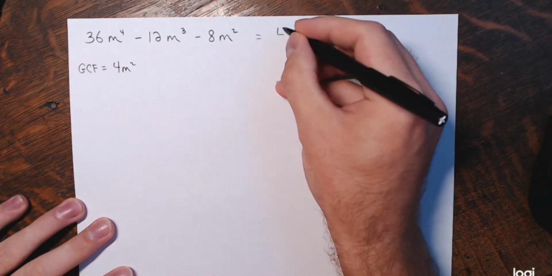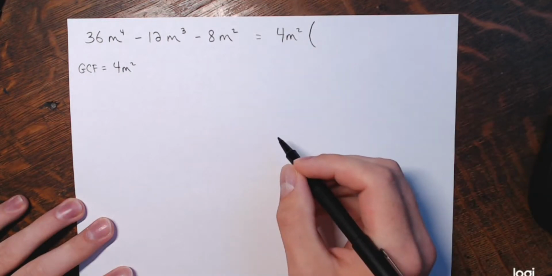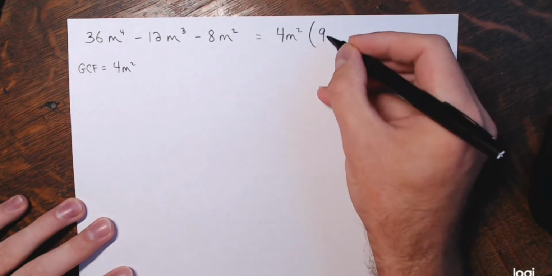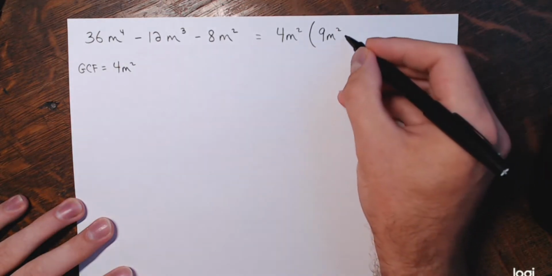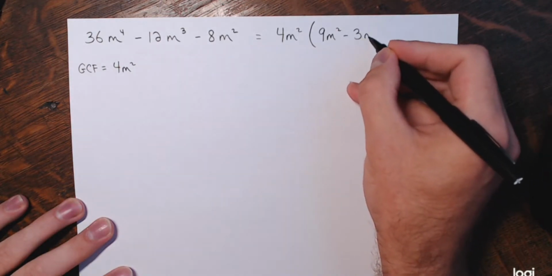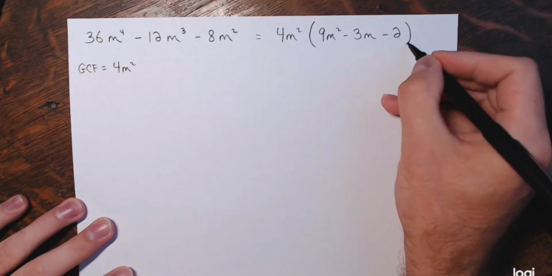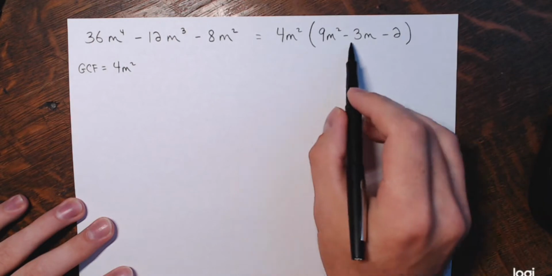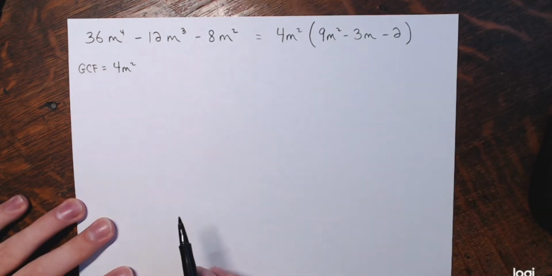If I factor out 4m squared, what's left over would be 9m squared minus 3m minus 2. And you can double check by redistributing the 4m squared and see that you get those same terms back, and you should.